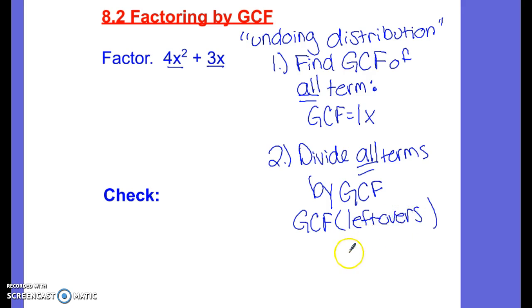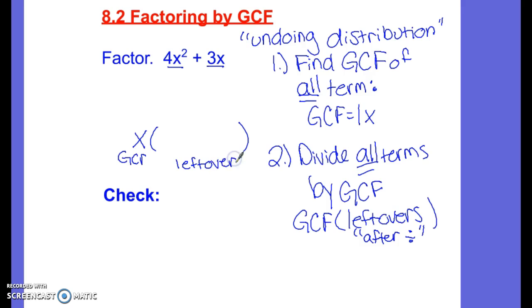That's after you divide. So leftovers are after division. What I mean by that is my GCF is 1x, so I'm going to put my x out here, times whatever I get left over. So this is my GCF, and this will be my leftovers.